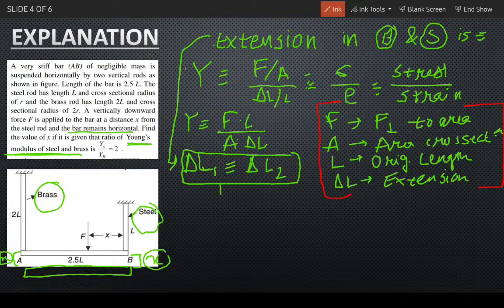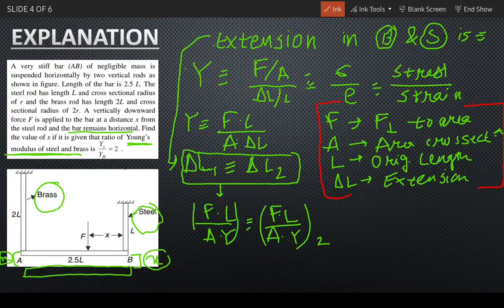So equating the equations, we find that FL upon AY is equal to FL upon A times Y of the second rod.